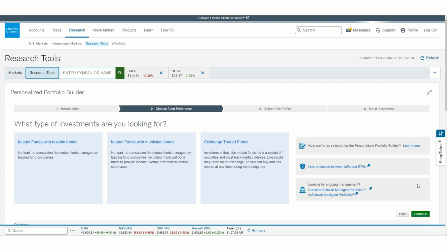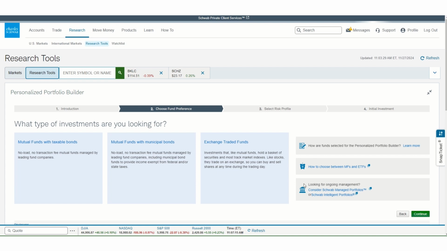The third choice on the right is exchange traded funds. The difference between the first two is the fixed income on the second choice will have tax exempt interest. So if you are in a higher tax bracket or if you're worried about that concern, that might be an option you'd want to utilize. For today's video though, I'm going to be using the exchange traded fund option on the far right.